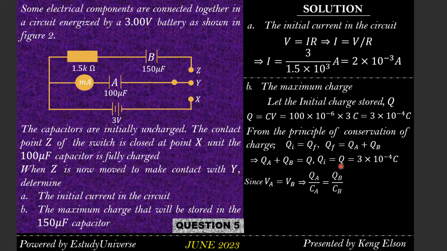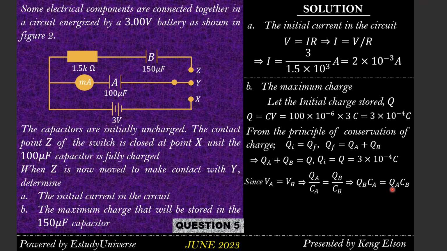Same thing for the voltage across the 150 microfarad capacitor. If I cross multiply, I have QA CB equal to QB CA, or we just say QB CA equal to QA CB.